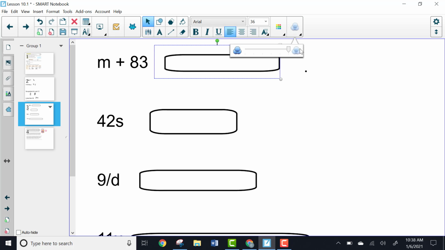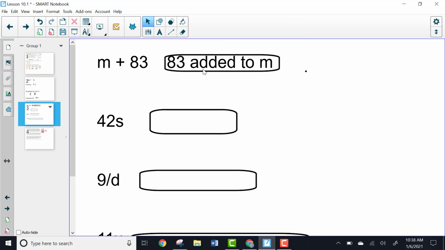Again, you don't want to make this too difficult on yourself. We have 83 added to m, or you can even do m plus 83. That would be completely fine. So any of those would work.